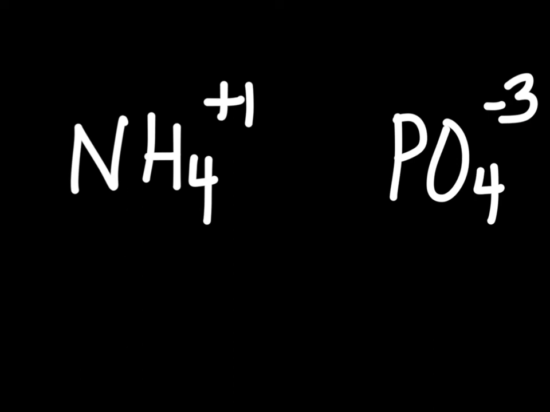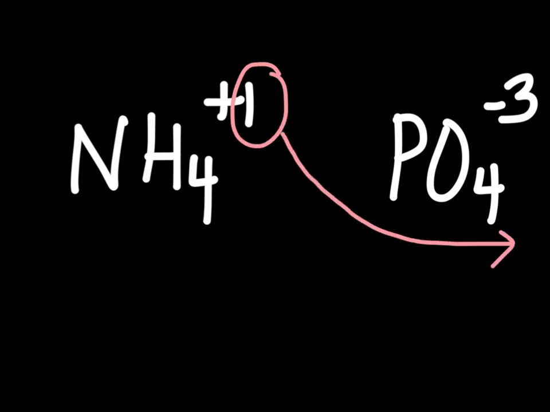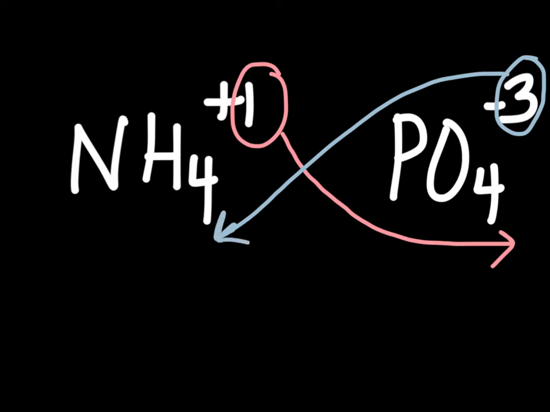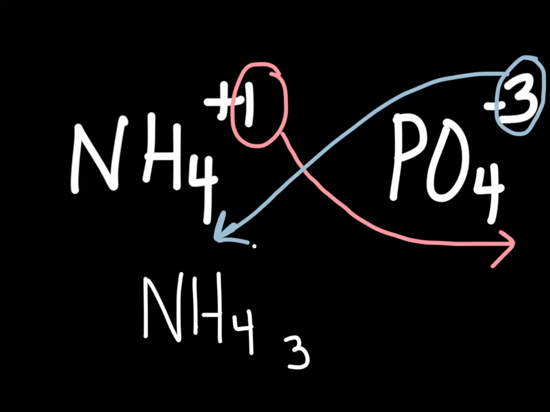This example includes two polyatomic ions, ammonium, which has a +1 charge, and phosphate, which has a -3 charge. Again, we move the number for the charge for our cation over to be the subscript for our anion, and we move the number from the charge for our anion over to be the subscript for our cation. So for our final formula, we have NH4, which has an added subscript of 3, and this means that NH4 has to go in parentheses.